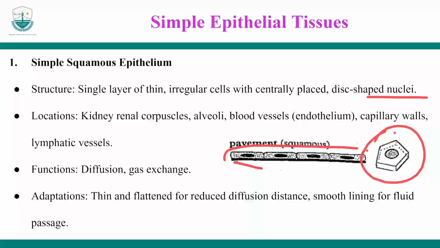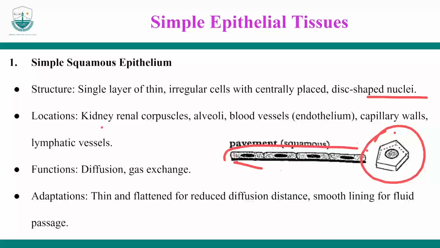Okay, so simple squamous epithelium: thin, irregular cells with nuclei that are centrally placed.